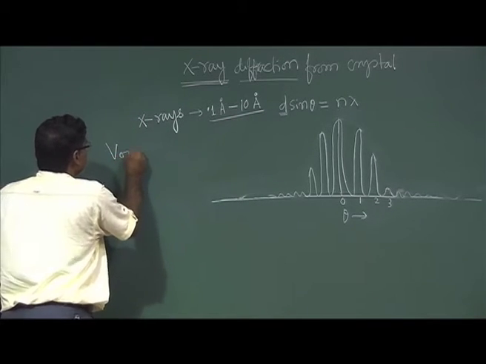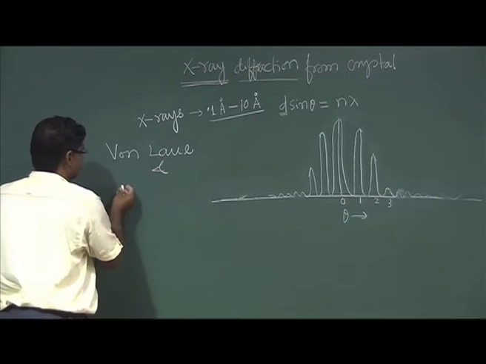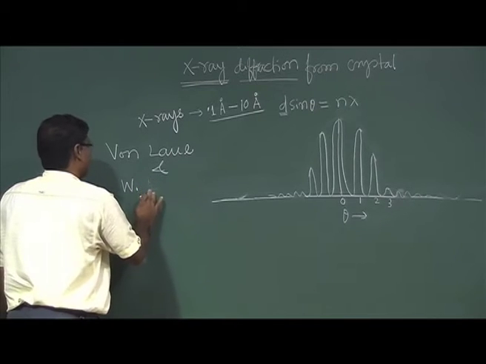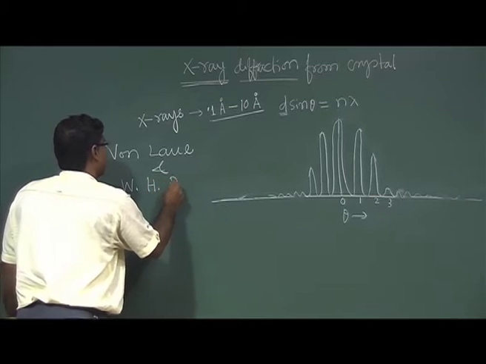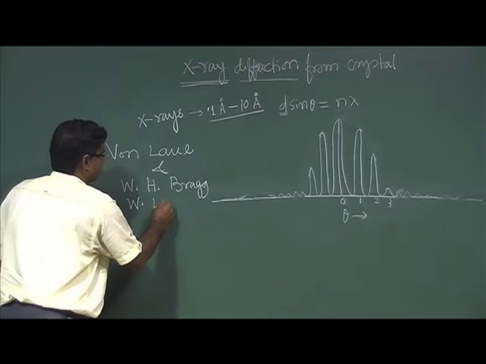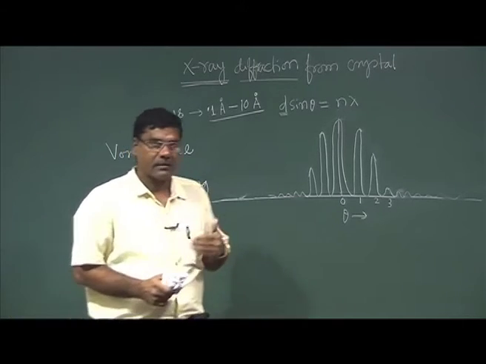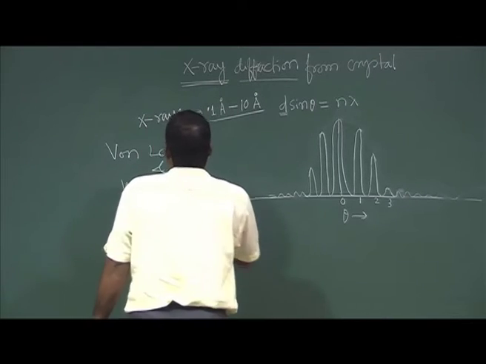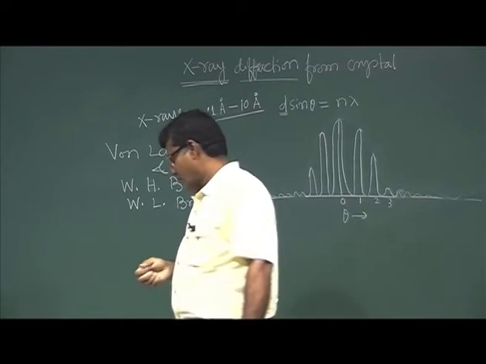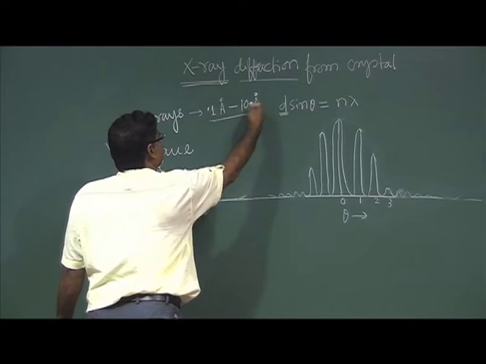von Laue and Bragg, W.H. Bragg and his son W.L. Bragg, mentioned that X-ray diffraction we can also see if we get a grating having a grating element of this dimension.